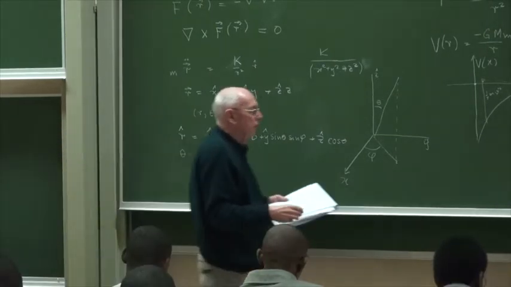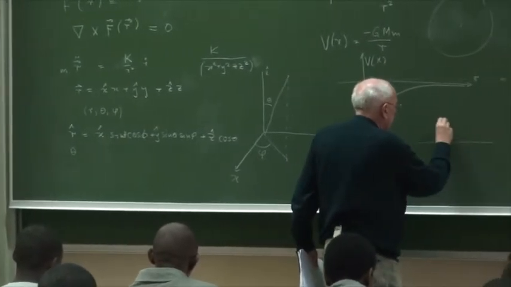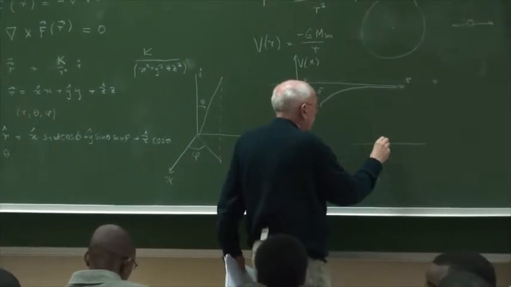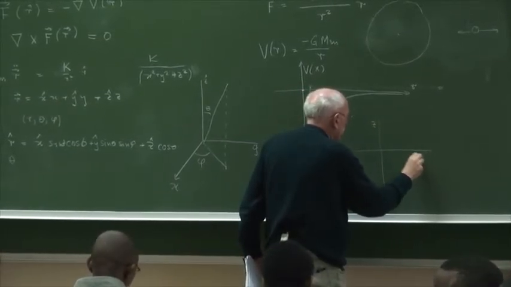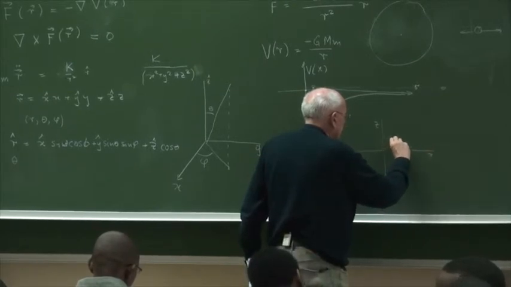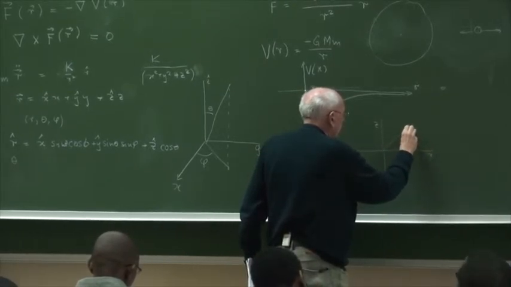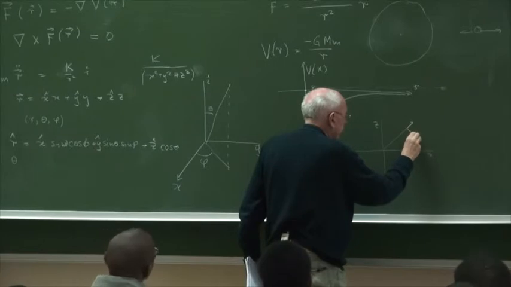So if we do it in 2 dimensions, what we're doing is we're taking z and y, for instance, or x. We're looking at these 2 directions, that direction and that direction.